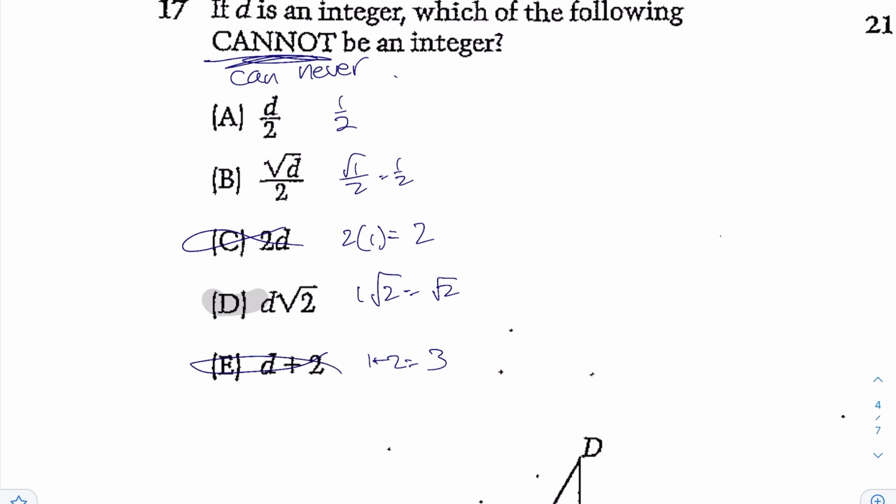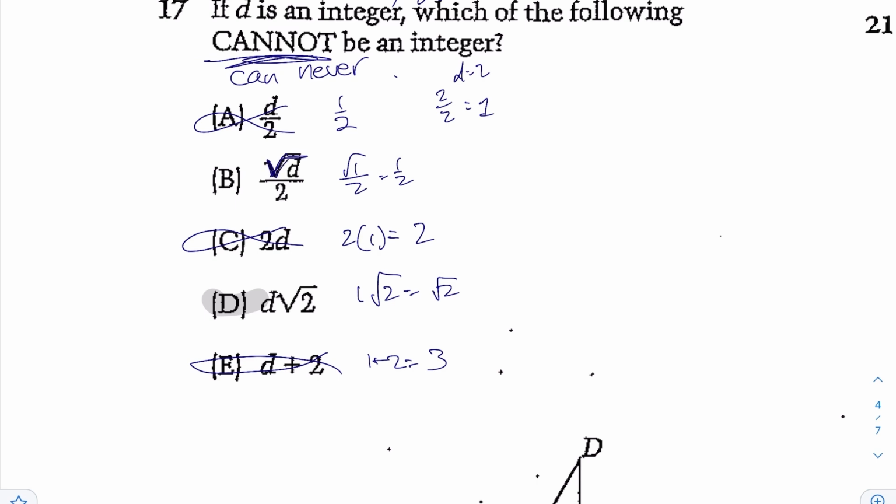Now, we're trying to disprove the choices that are remaining. For choice A, if you make D equal to any even number, let's say 2, 2/2 would be equal to a positive whole number, 1, and that is an integer. So A is also wrong. For choice B, you have the square root.